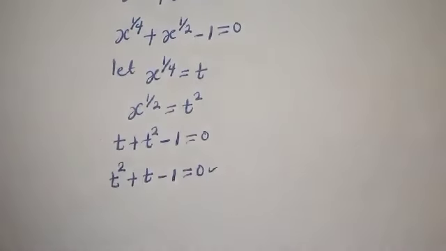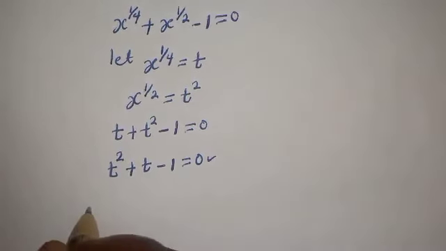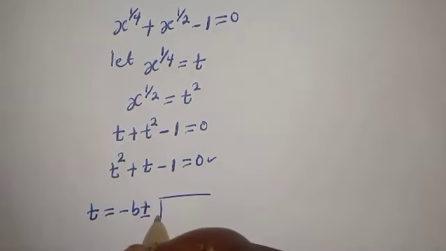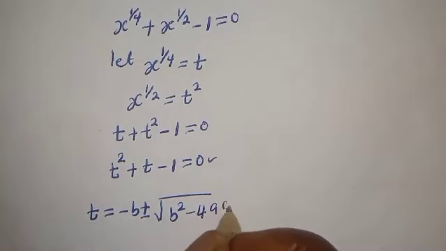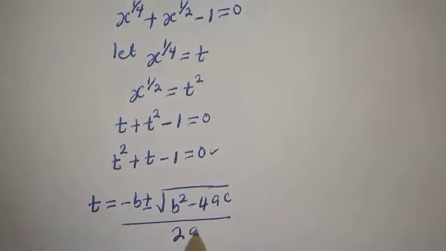This is a quadratic equation which can be solved using the quadratic general formula. And our quadratic general formula in this case is given as t is equal to minus b plus or minus square root of b squared minus 4ac over 2a.